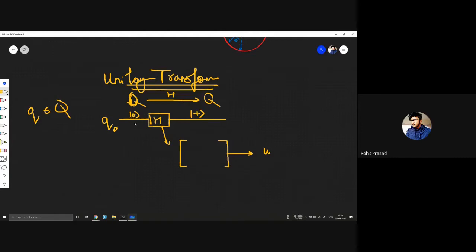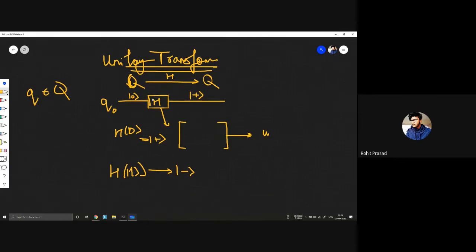If we take H on 0, it becomes plus. If we give it a 1, it becomes minus. So this H transforms our vector space from one vector to another.